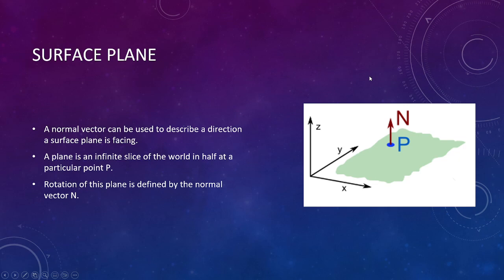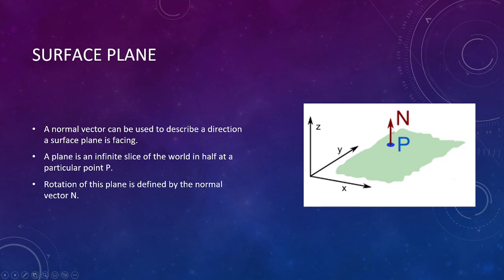Okay. So first, we have the concept of our surface plane. A surface plane has a normal vector, which can be used to describe the direction a surface plane is facing. So let's say this is our plane.